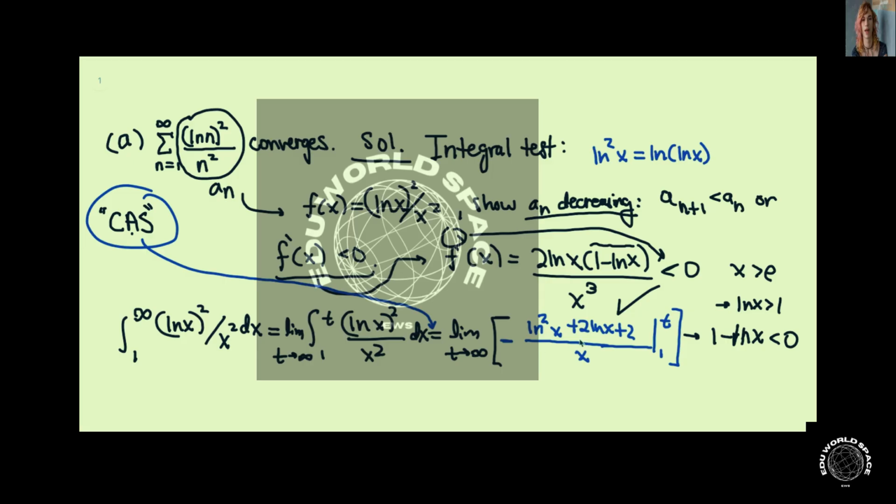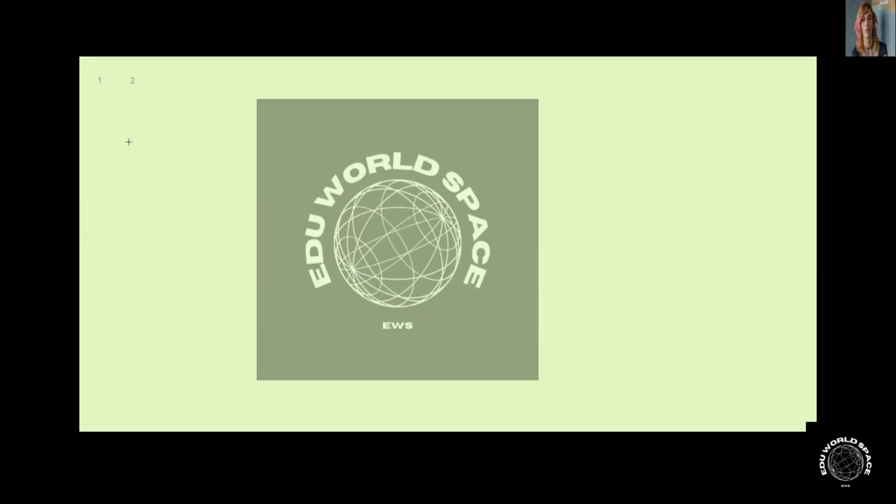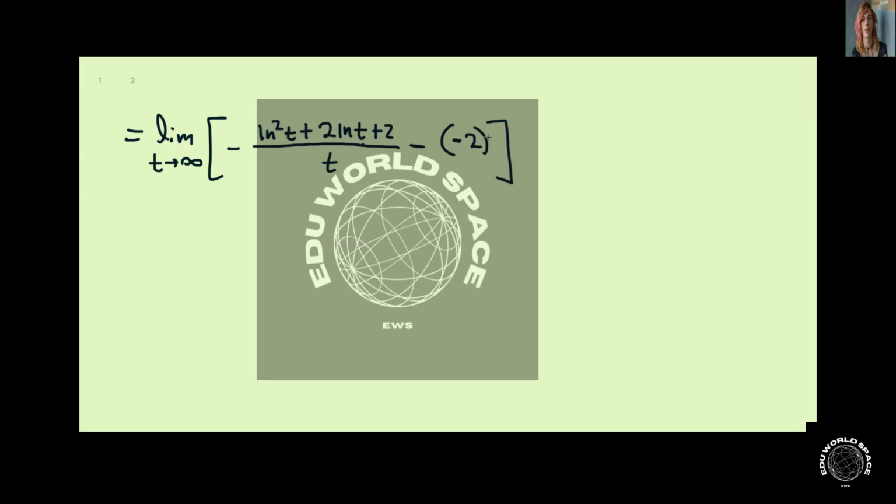So I'll go ahead and just plug in the endpoints now on the next page. Still got our negative there, ln squared t, 2 ln t plus 2. So we plug in the t first, and then you would plug in 1. Simplify this.